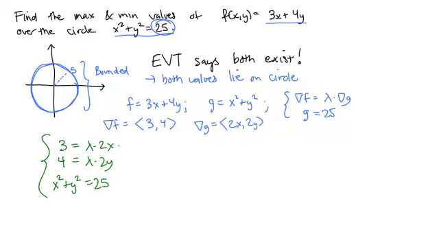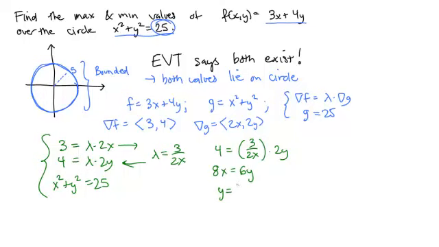Now, if we solve the first equation for lambda, we get lambda = 3/(2x). We can then plug that into the second equation to get 4 = (3/(2x)) times 2y, or y = 8/6 x, which is 4/3 x.